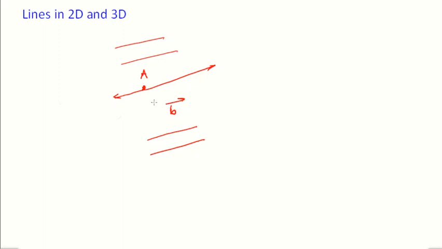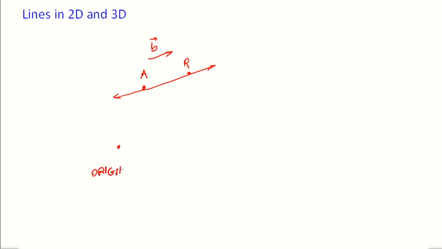But as soon as I define a point, I will only have a single possibility. So let's assume that I've got a point A, which I know. I've got a line which goes through that point A, and that line is parallel to this vector B. So let's say I have another point in that line, and I call this point R. So I would have some kind of origin.